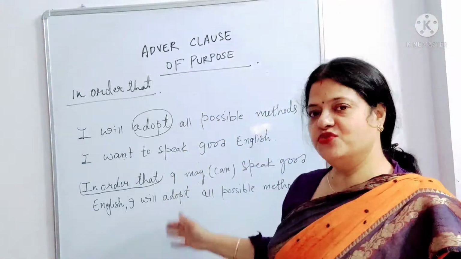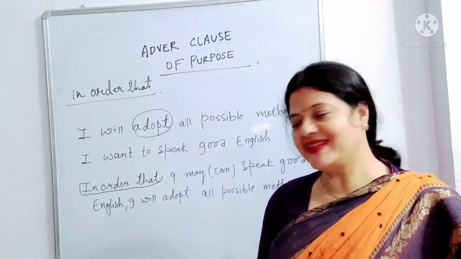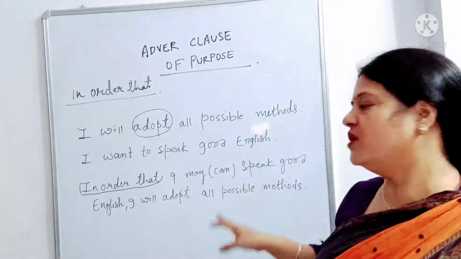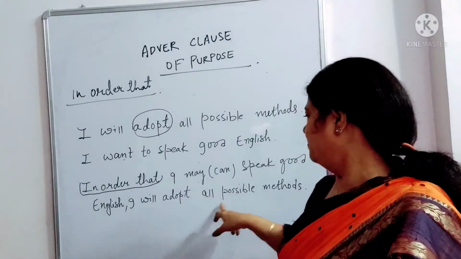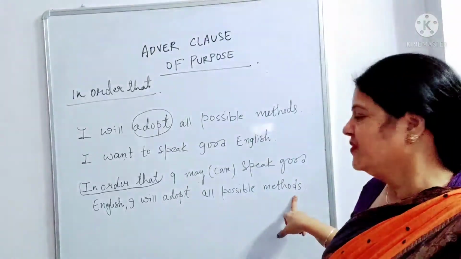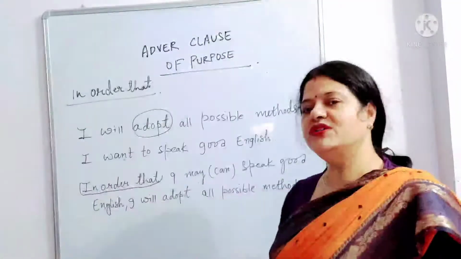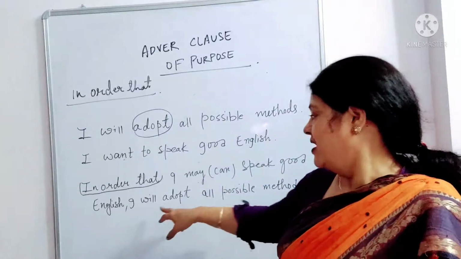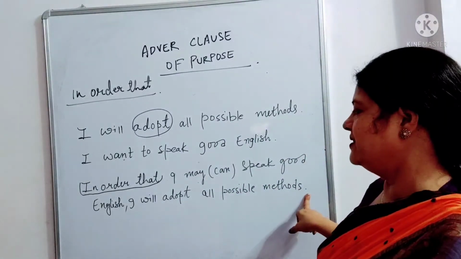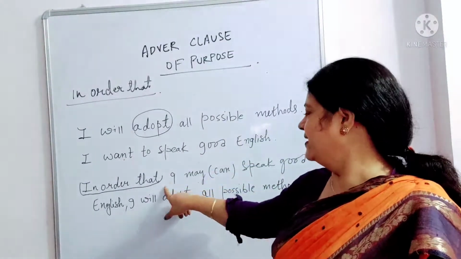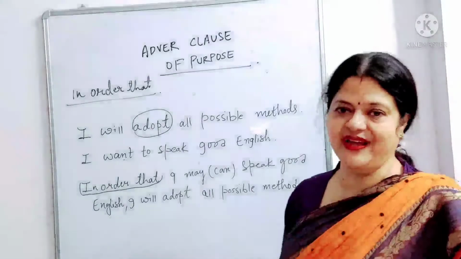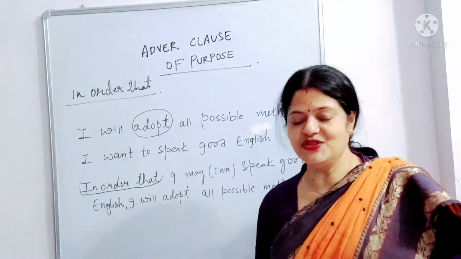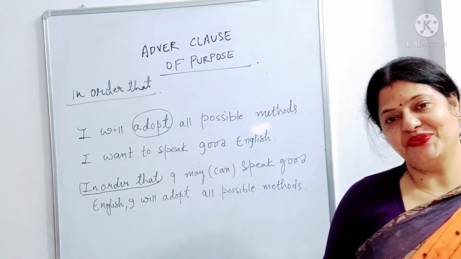Now I have added the two sentences like this: in order that I may or I can speak good English, I will adopt all possible methods. This principal clause can also be written at the start of the sentence: I will adopt all possible methods in order that I may speak good English. Now let's see another example so that it becomes crystal clear to you.